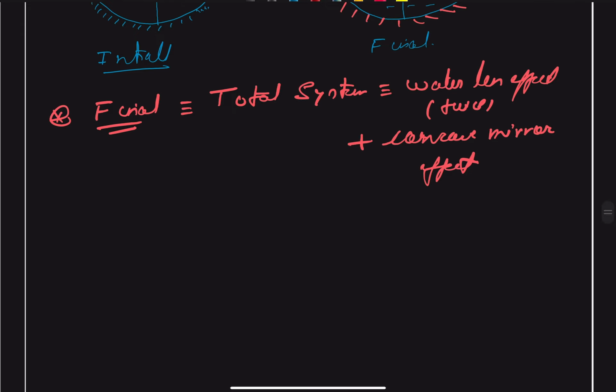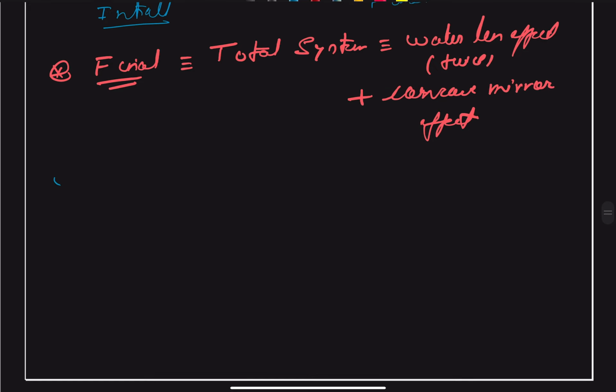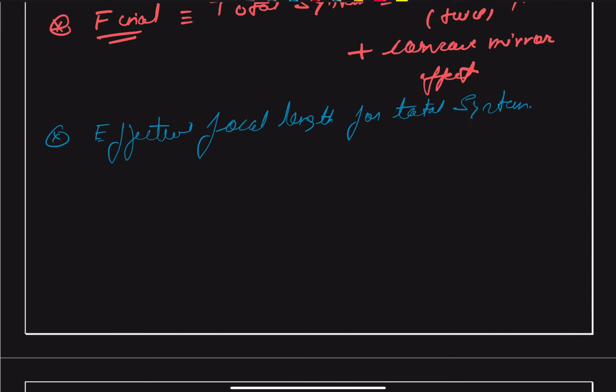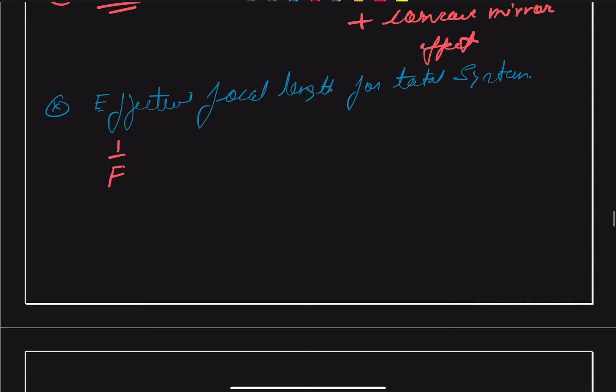So it means we can write the formula that the effective focal length of the system, focal length for the total system, suppose capital F. So we can write 1 upon capital F will be equal to twice multiplied by 1 upon focal length of water lens plus 1 upon focal length of concave mirror.